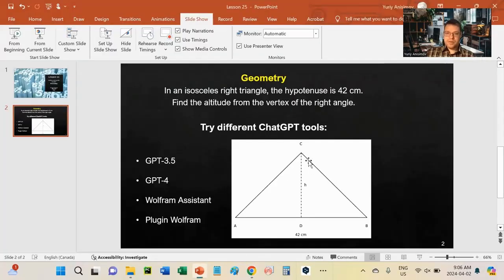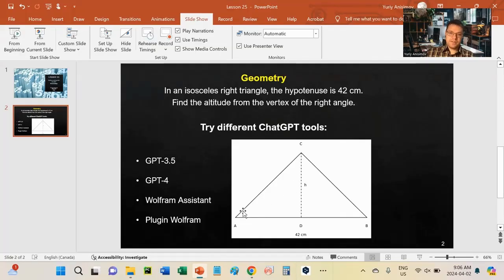Because here, as we know, in an isosceles triangle, the altitude functions also as a median and a bisector. And if it's the median, that means that AD equals BD here. And if AB is 42 centimeters, then AD is half of it, 21 centimeters. And then if we look at triangle ACD, it's a bisector.